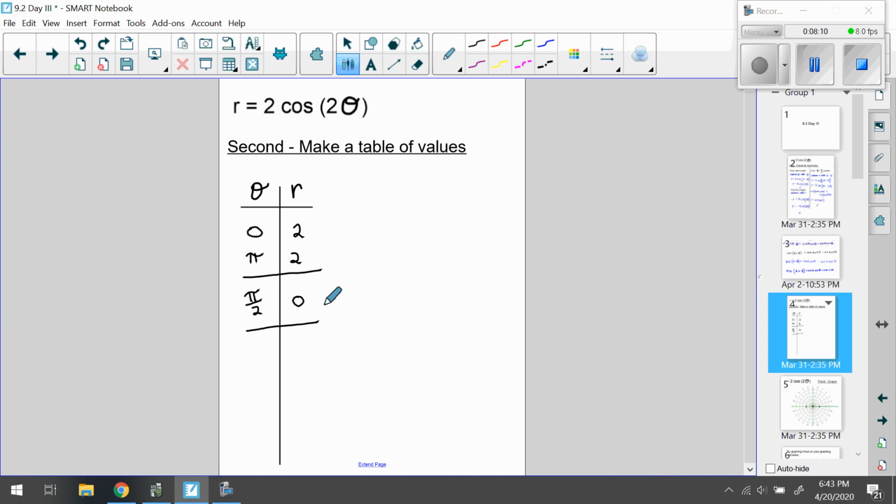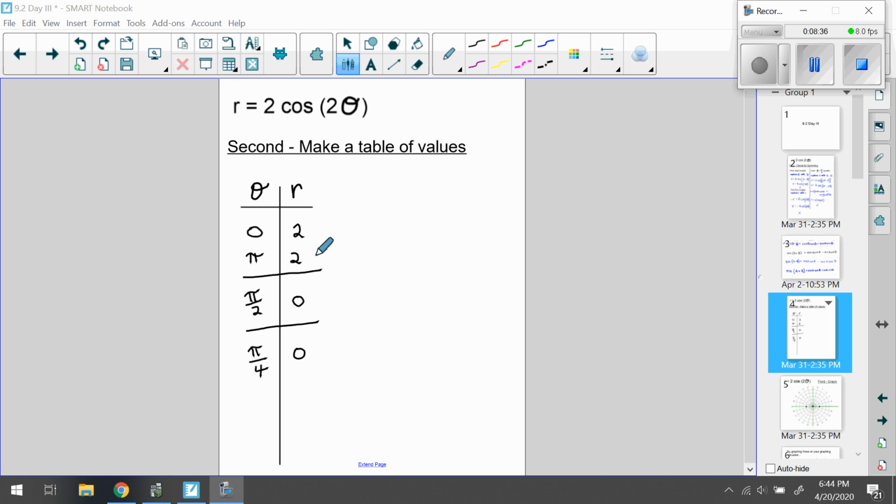So then maybe the next thing I might move along to, even though pi over 4 isn't traditionally a quadrantal angle, if I multiply it by 2, it becomes a really friendly angle. Pi over 4 times 2 is pi over 2. And I know the cosine of pi over 2 is 0, so this gives me a 0 here as well.